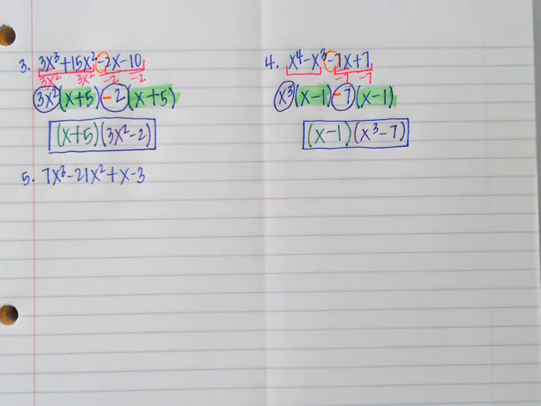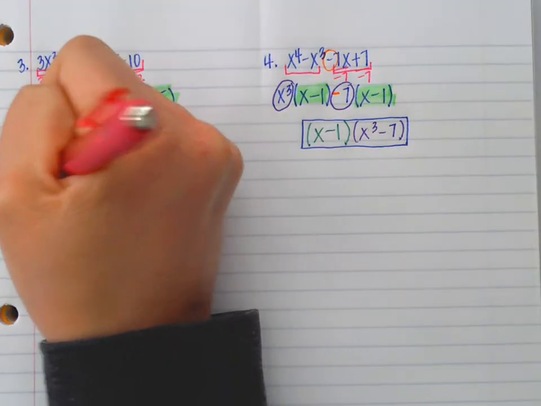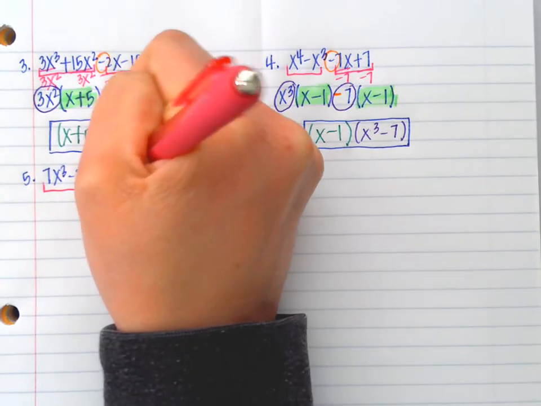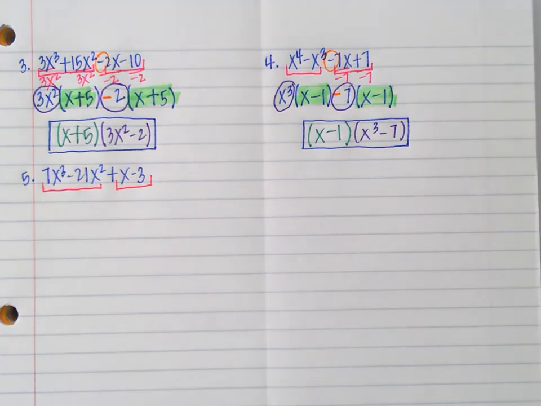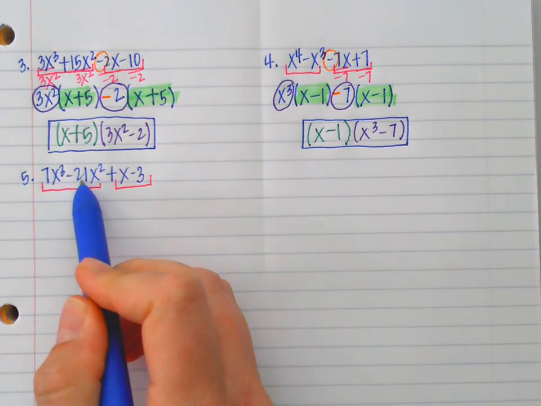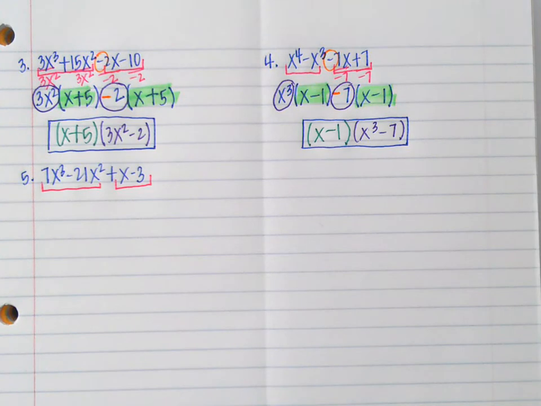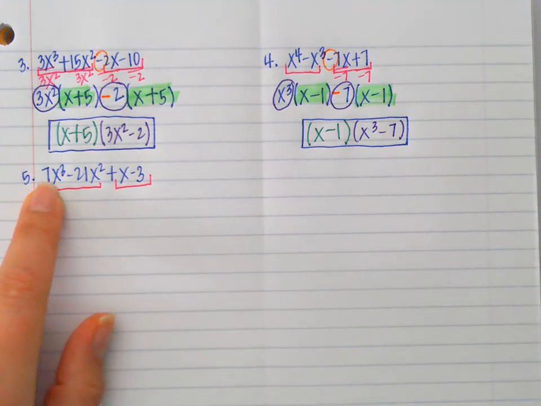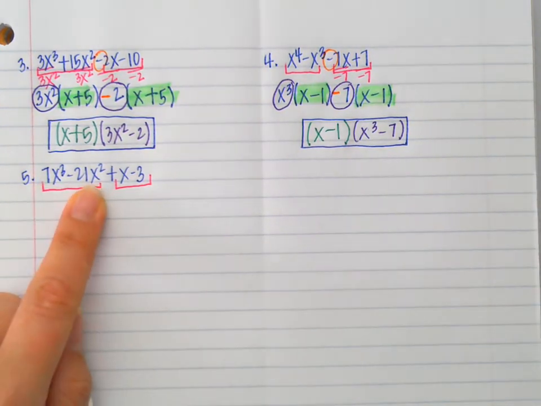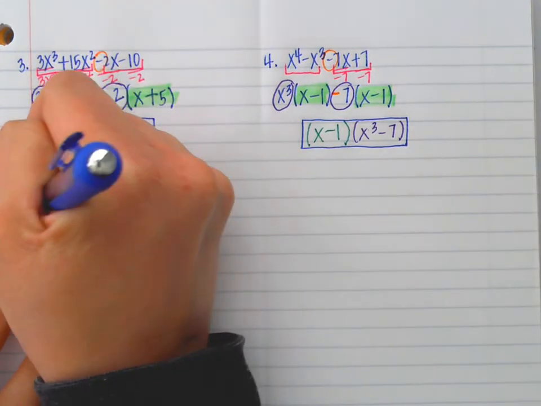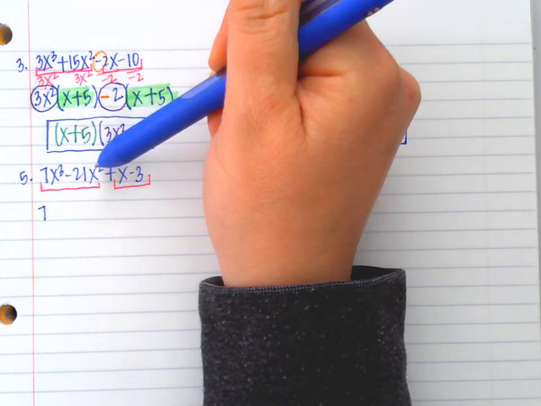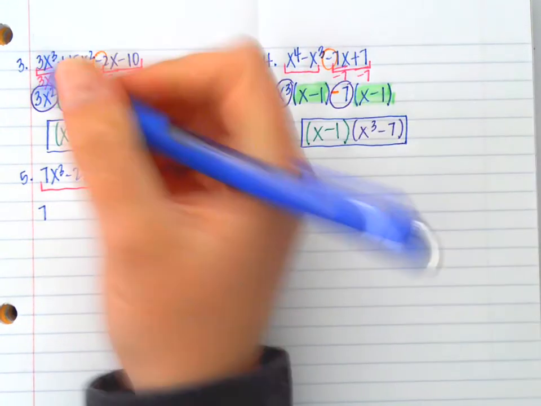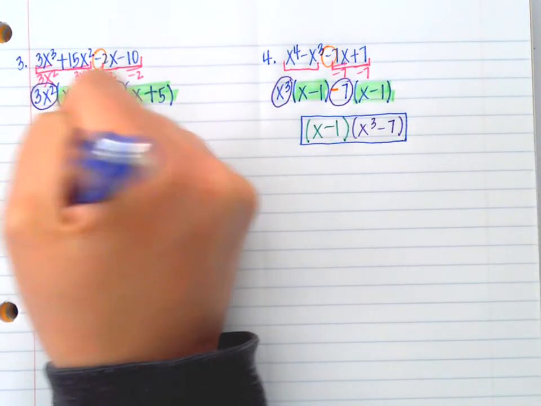So it starts out totally the same. We split it into our 2 groups and we look for our GCF. So between 7 and 21, I'm just going to look at the numbers first. Well, I look at my smaller number, and does 7 go into 21? And it does, so we can pull that out. And then I look at my variables, x cubed, x squared. What's the smaller of the 2? X squared.